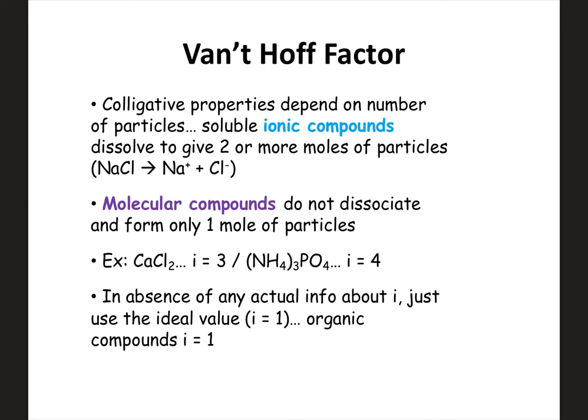So for example, if sodium chloride is dissociating, you will form 1 Na+ and 1 Cl-, okay? You don't just get one particle, you actually get 2 particles here, all right?